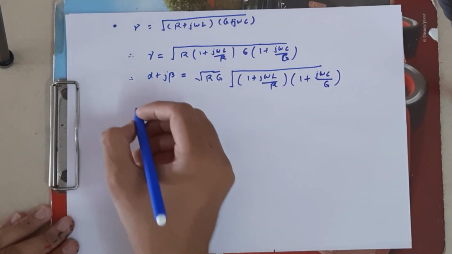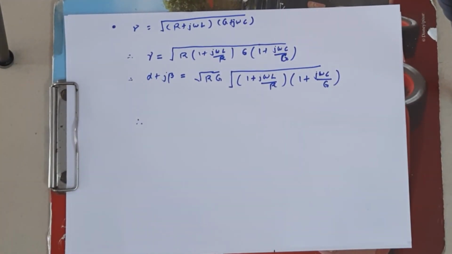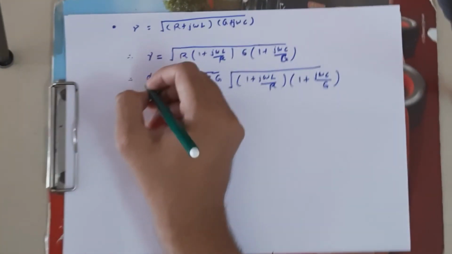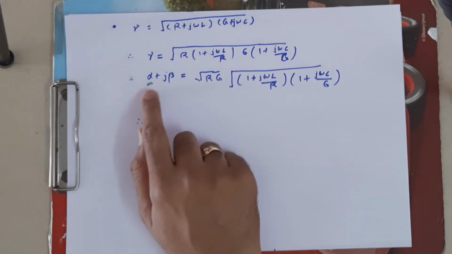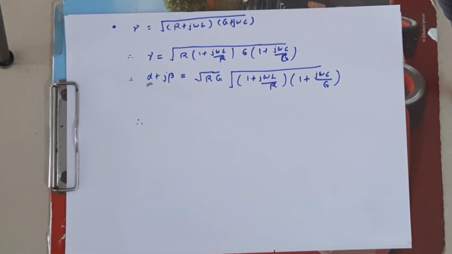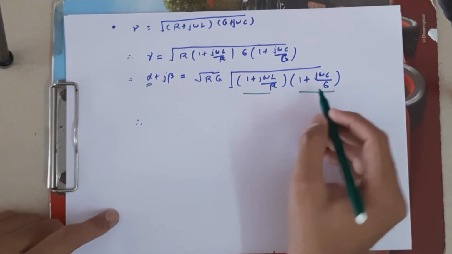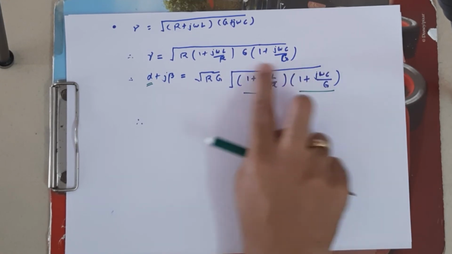Now I want to make alpha independent of the frequency. Under which condition should alpha be independent of the frequency? See here, these two terms, the first and second, are under the root. Now I want to remove this square root.